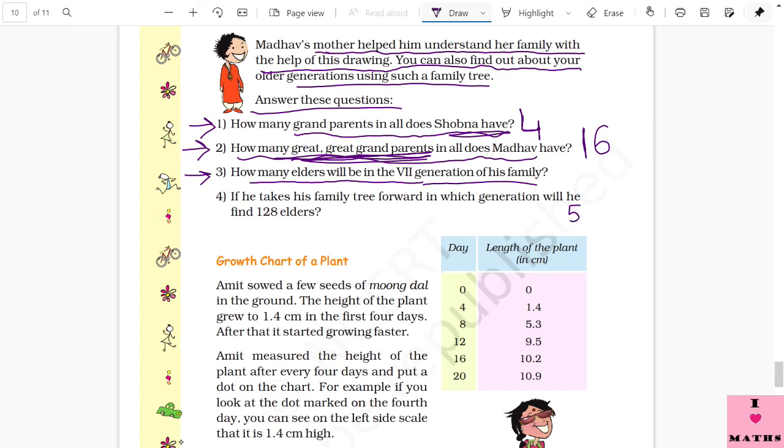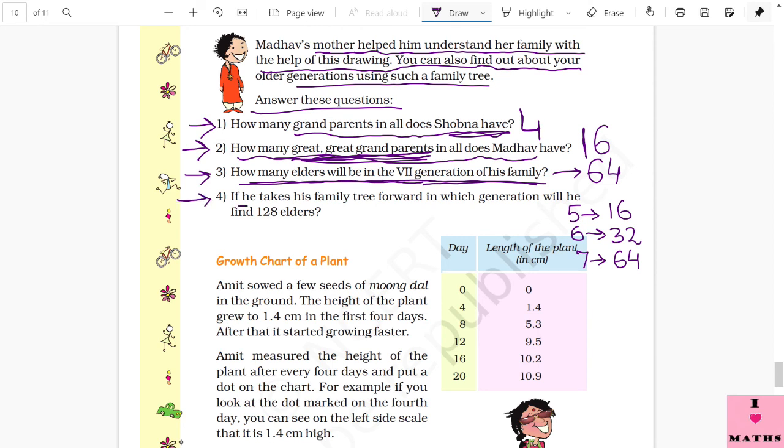Now, in fifth generation, there were 16 people. In sixth generation, he will have double of 16, which will be 16 twos are 32 people. In seventh generation, it will be double of 32, which will be 64 people. So how many elders will be in seventh generation of his family? 64 elders will be there in seventh generation of his family.